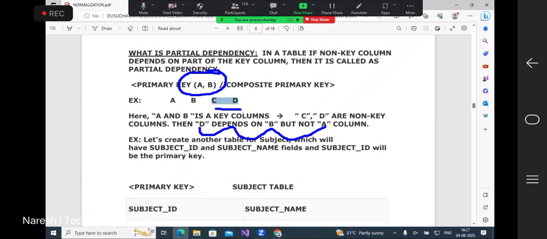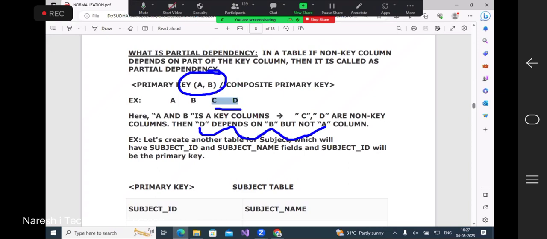For simple understanding, for example, in a family, when the children have father and mother, then those children are called fully dependency children.